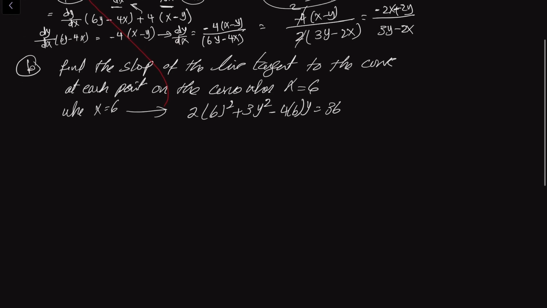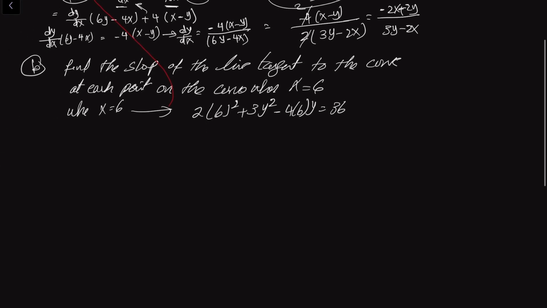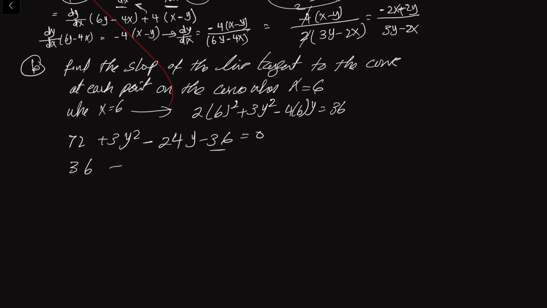So that will be 6 squared, 36 times 2, that's 72, plus 3y squared minus 24y minus 36 equals 0. All right, so we can simplify: 72 minus 36 is 36, plus 3y squared minus 24y equals 0.